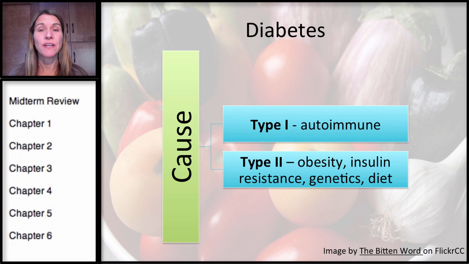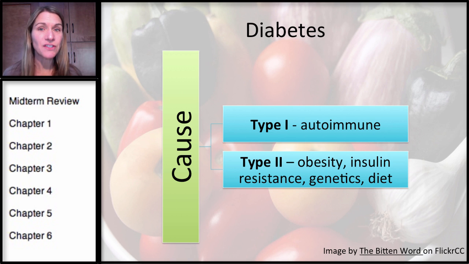The cause. Type 1 is an autoimmune disease. The body actually attacks the beta cells of the pancreas, destroys them. No insulin can be secreted. That's type 1 diabetes. Type 2, lots of factors contributing to it. Could be genetics, insulin resistance. It's characterized by insulin resistance. That means the cells can't recognize insulin.